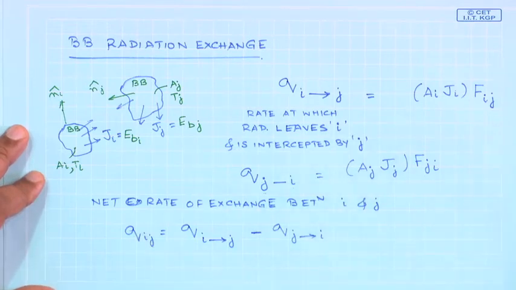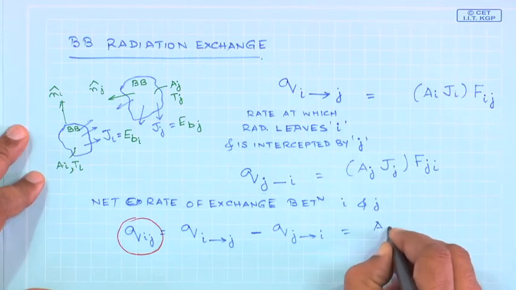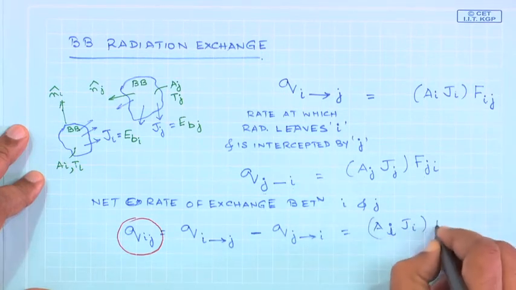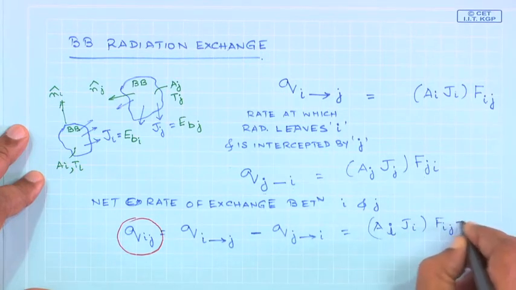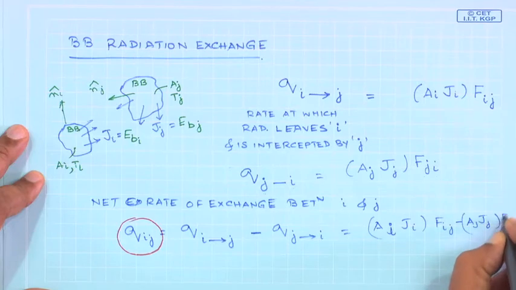That is the net rate of exchange which we would like to find out. So, what is this? This is Ai Ji Fij minus Aj Jj Fji.